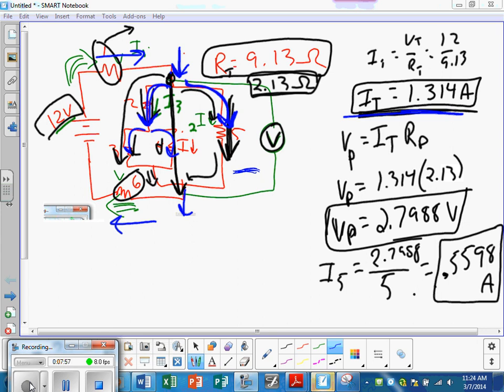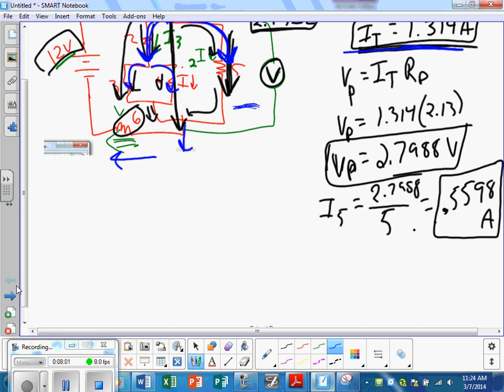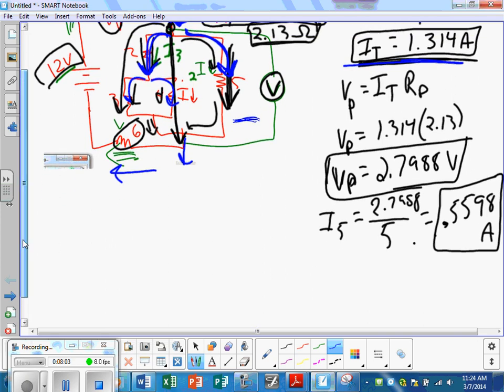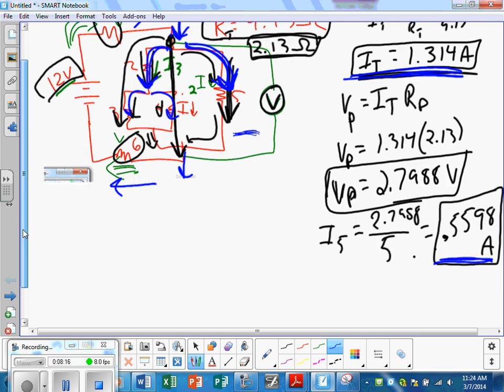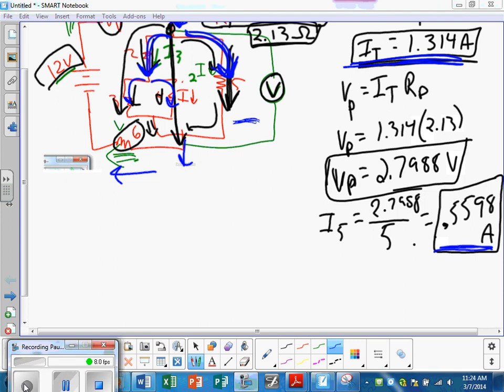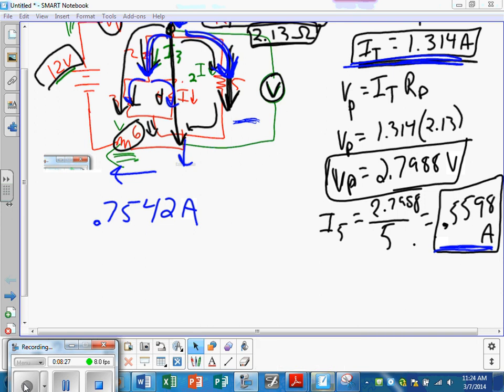Yes, and Keely and Haley already did that. So what they did is they took this total current and they subtracted the amount that was flowing in this direction, and they figured out how much current was going the other way. 0.7542 amps are flowing this way.